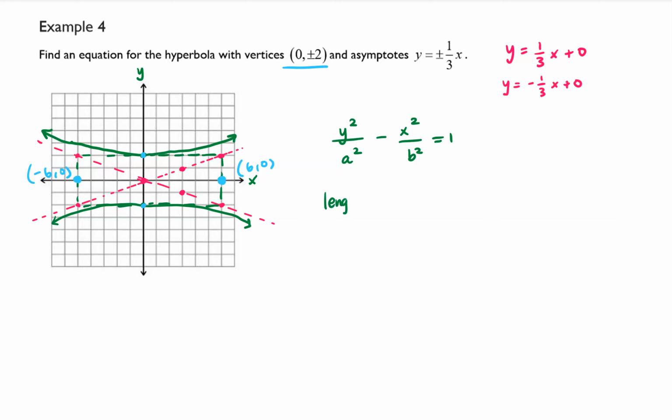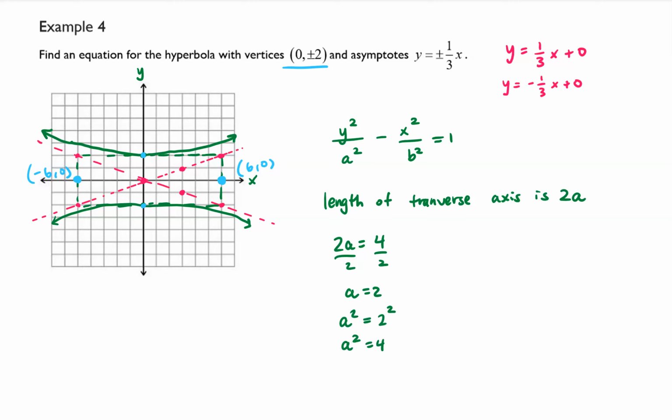The length of the transverse axis is 2a, and since the distance is 4, if we divide both sides by 2, our a value is 2. If we square both sides, a squared is equal to 4.